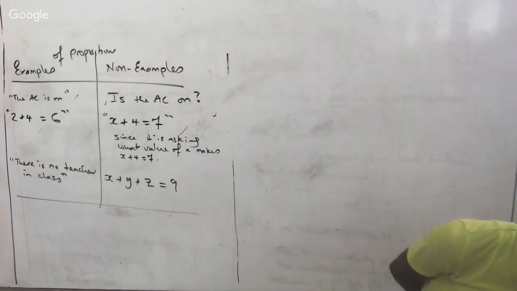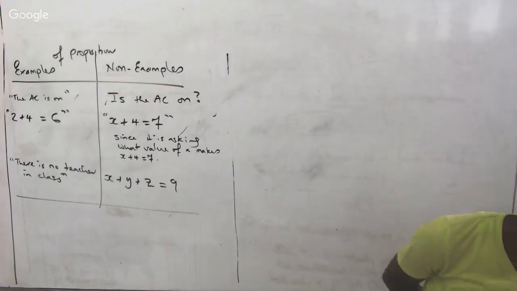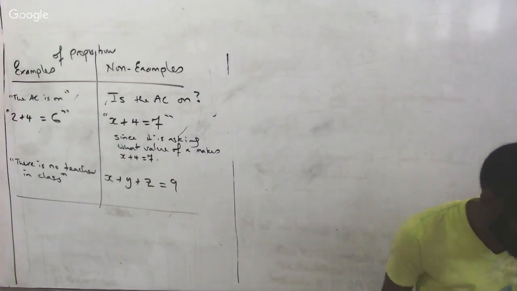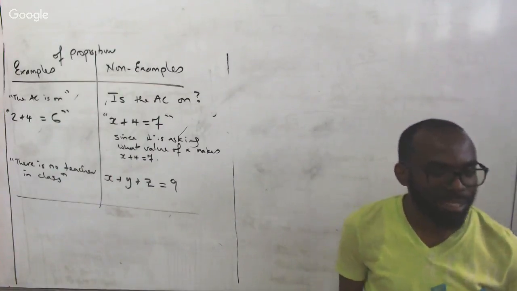Are these propositions? And you must give reasons, of course. Where are you? Is that a proposition? No. Why? That's a question. Questions never declare anything. Full stop. So it's not declarative. 2x plus 3 equals 12. Is that a proposition?